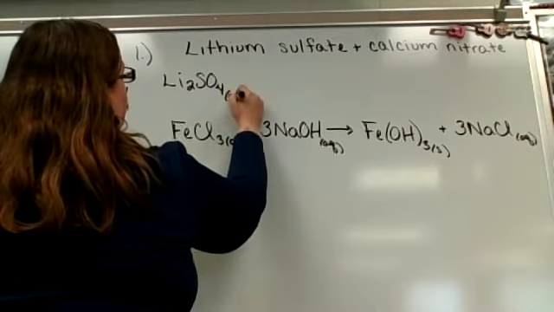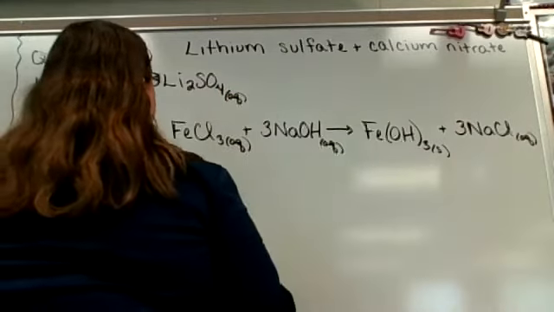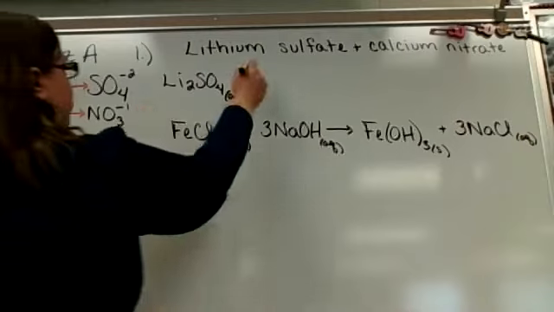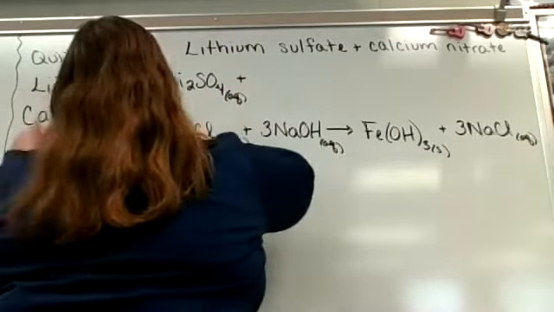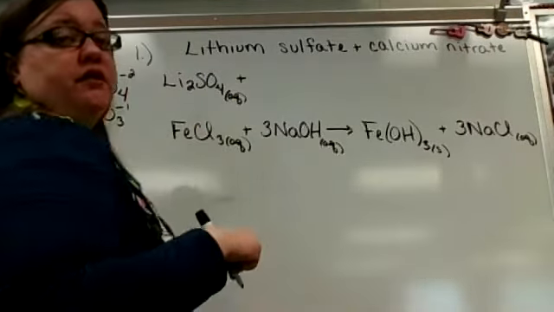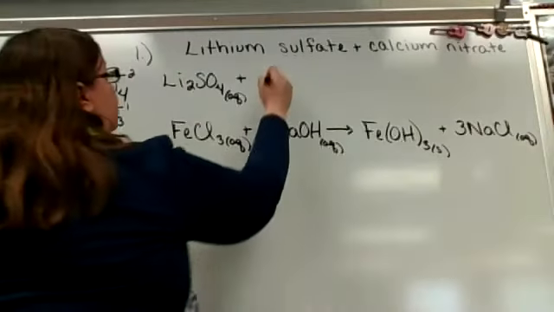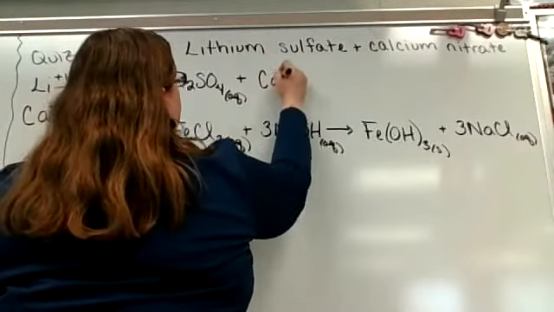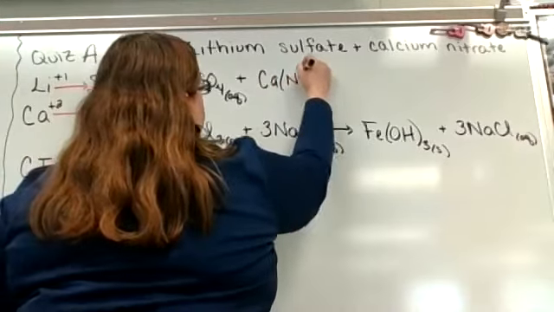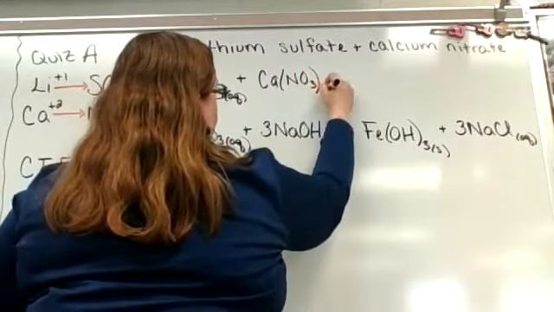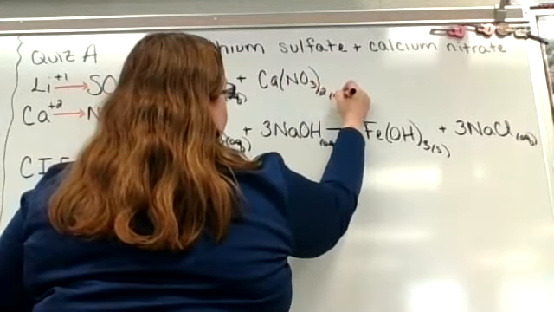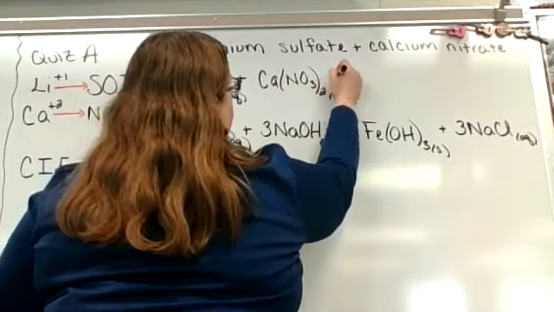So Li2SO4 is aqueous. And then calcium nitrate, Ca plus 2 with NO3 minus 1, is going to be Ca(NO3)2, and we got that to be aqueous as well.